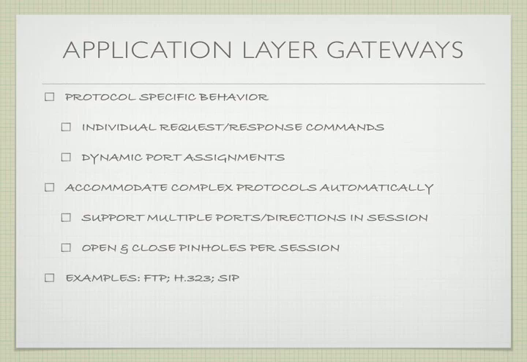By having the ability of the application layer gateway to recognize that an FTP session has been initiated, it will allow that higher port traffic to occur without having to have a broad rule that opens up the high traffic all of the time. So application layer gateways solve a fundamental problem of application communications being able to use random ports for specific sessions only.